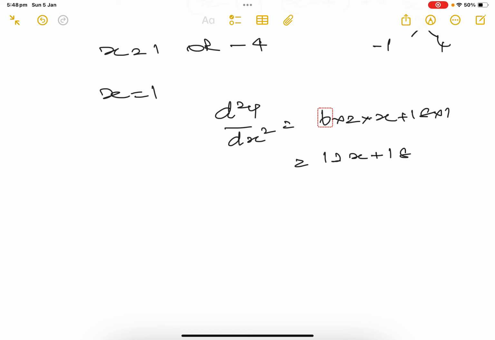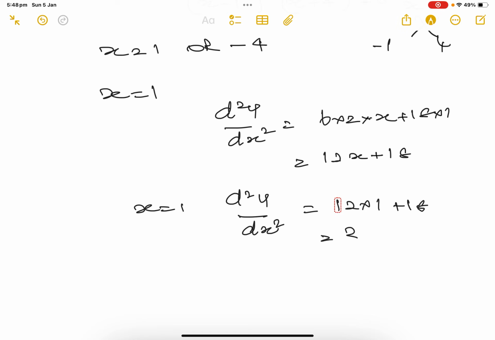So when x equal 1, d2y over dx squared equal 12 times 1 plus 18. That is equal 30, greater than 0. But d2y by dx squared greater than 0, therefore x equal 1 is a local minimum point.